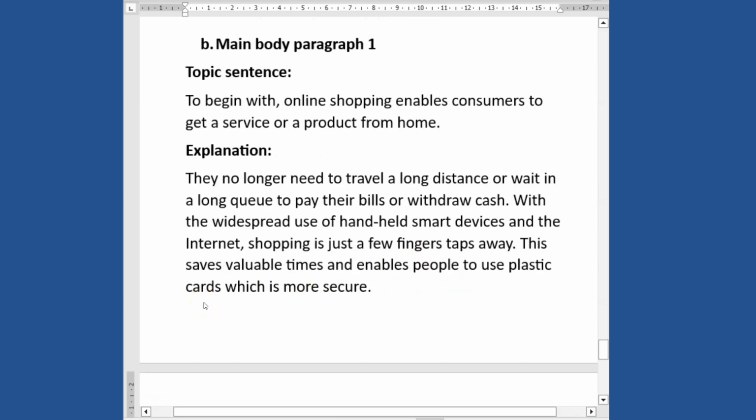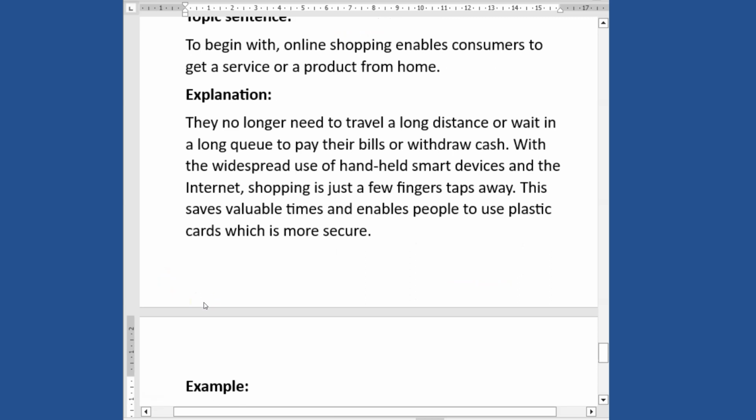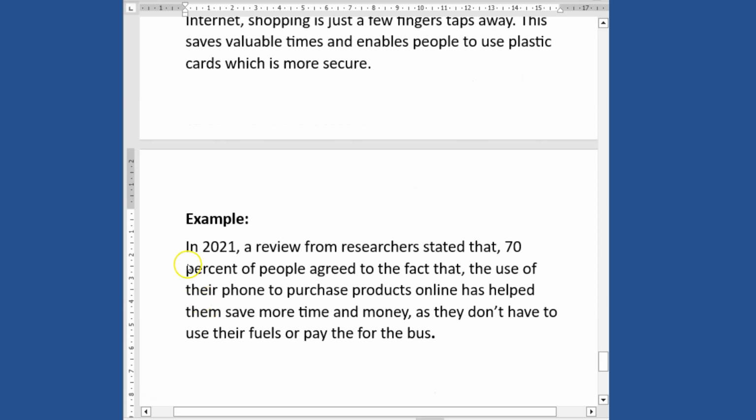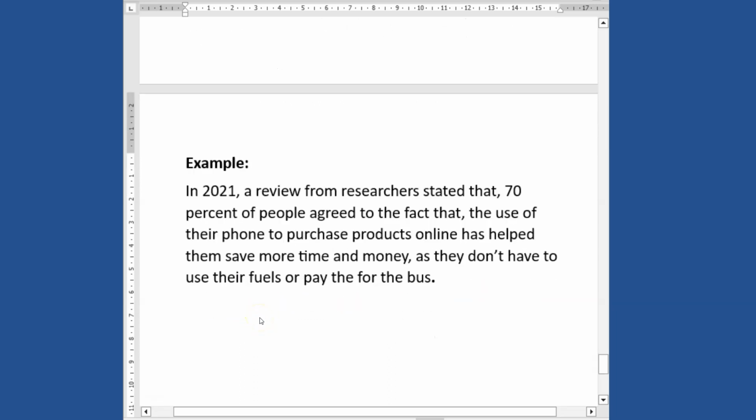This saves valuable time and enables people to use plastic cards, which is more secure. In 2021, a review from researchers stated that 70% of people agree that the use of their phone to purchase products online has helped them save valuable time and money, as they don't have to use their fuel or pay for the bus. So this is all about the advantages.